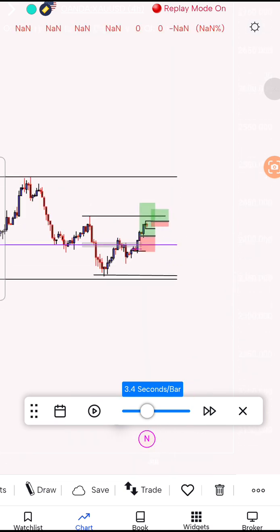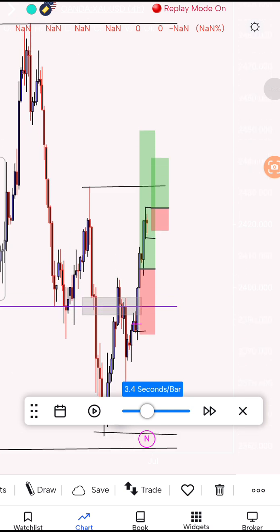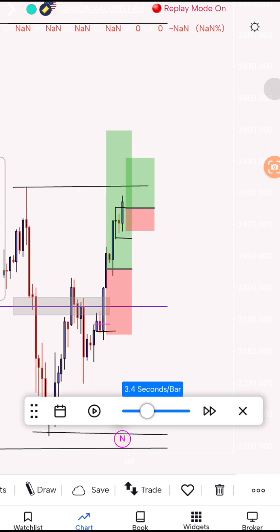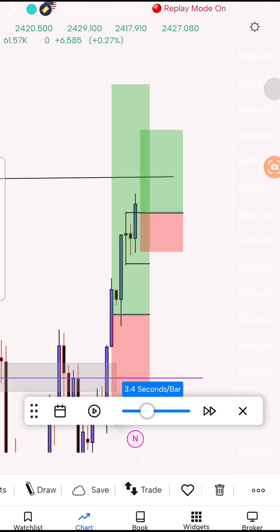All right, so at that moment in time, we had that candle confirm, we have that change instead of market structure shift.